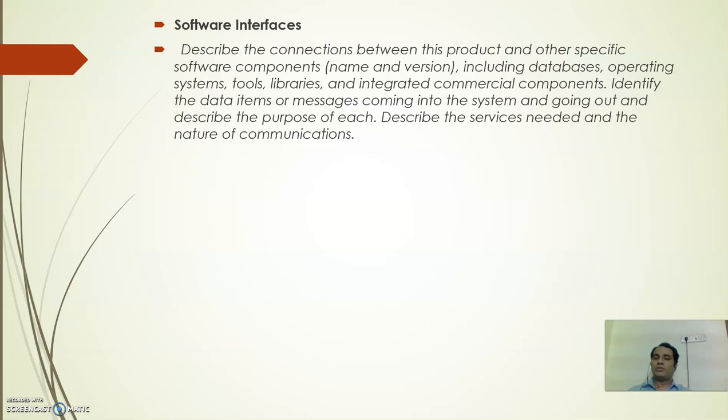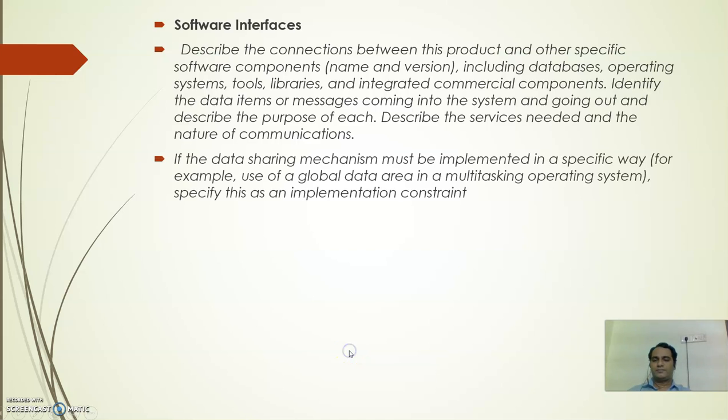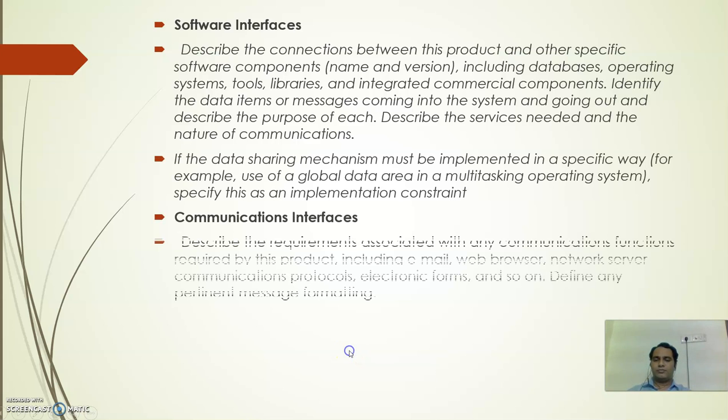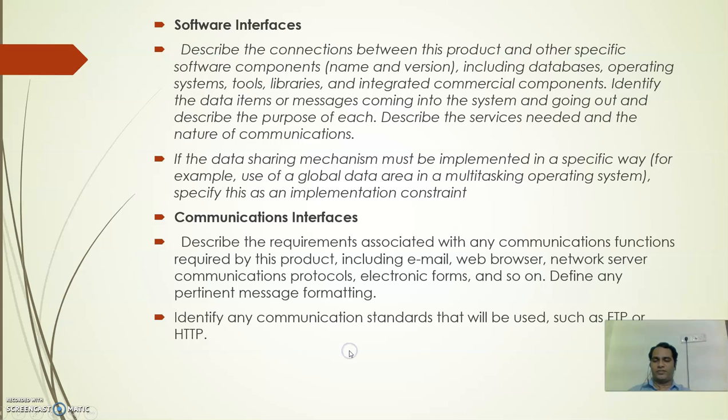We may also need to name the version of those software components, including databases, operating system, tools, libraries and integrated commercial components. Whatever it may be interacting with, we need to mention. Identify the data items or messages coming into the system and going out, and describe the purpose of each, how it is interfacing. Describe the services needed and the nature of communications. So we also need to mention the communication interfaces likewise.